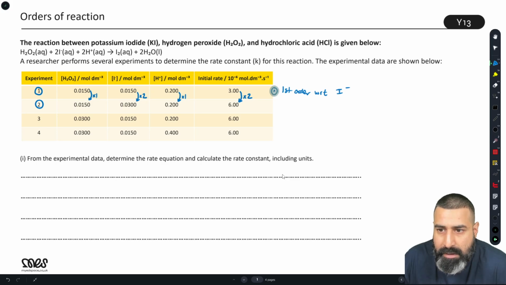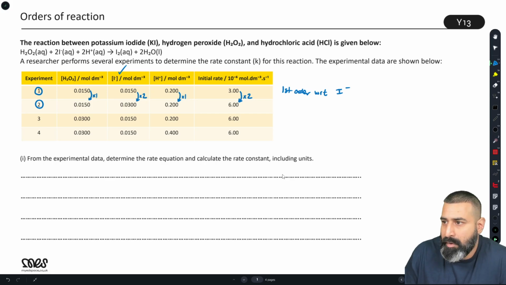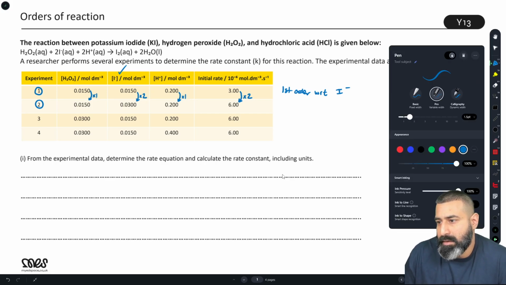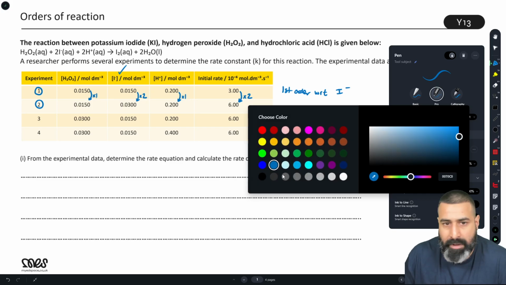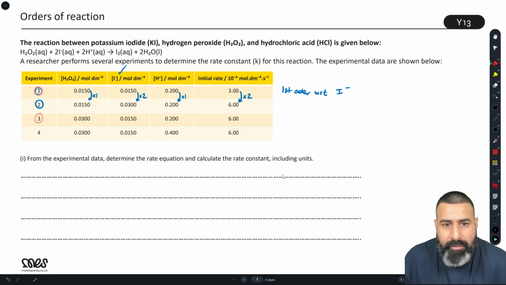Where do we go next? So now that we've looked at I minus, I'm just going to tick that off. Let's figure out the relationship between the concentration and the rate for another species. So let's go for that color. Okay, so let's compare runs 1 and 3. Okay, doing red.